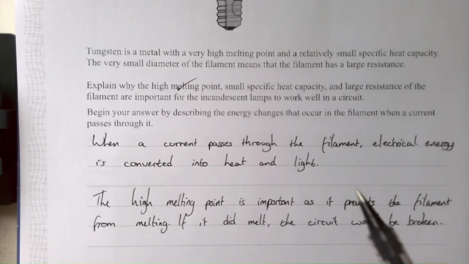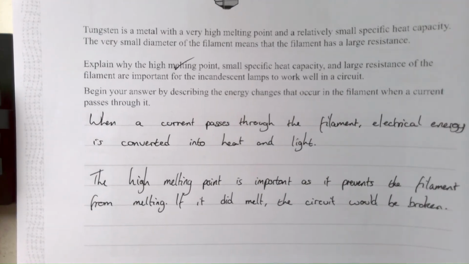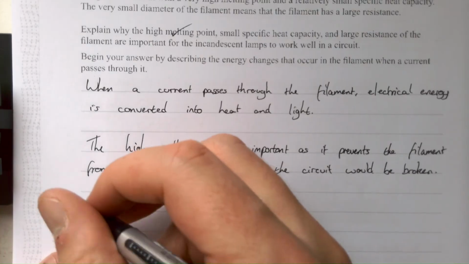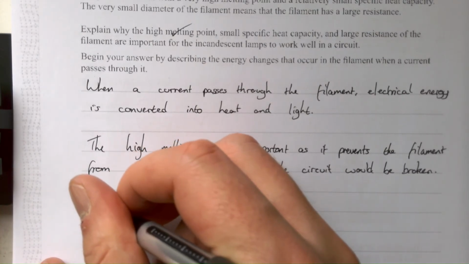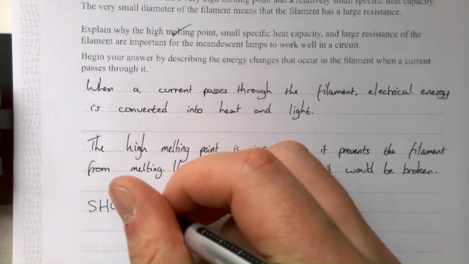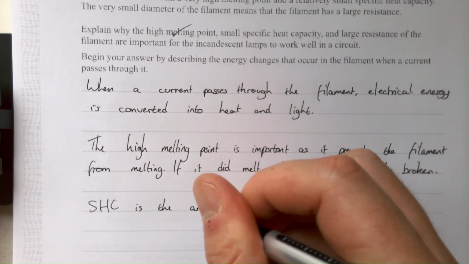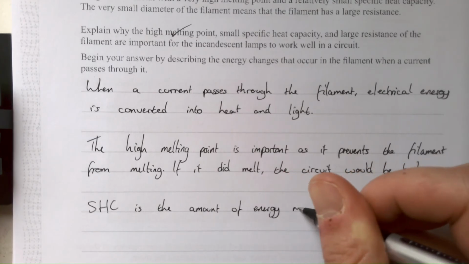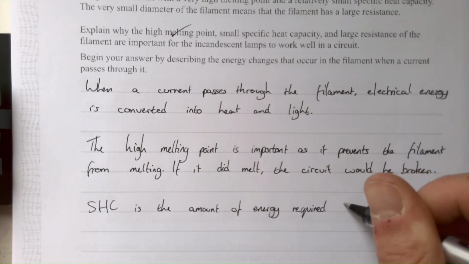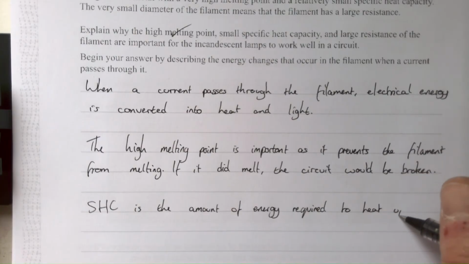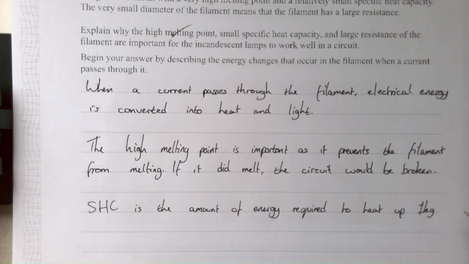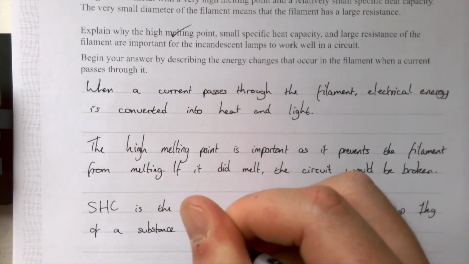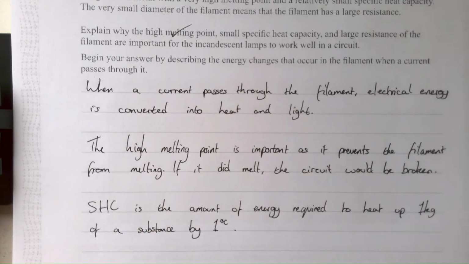Now, we're going to look at the small specific heat capacity. It might be helpful just to remind yourself of what specific heat capacity is. SHC is the amount of energy required to heat up 1 kilogram of a substance by 1 degree.